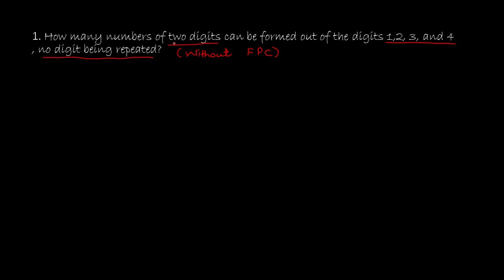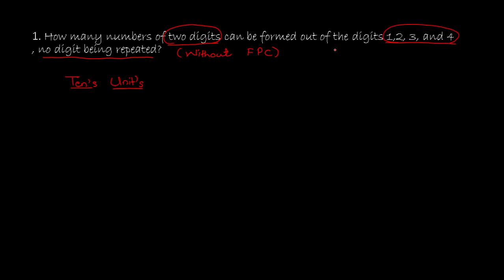Here, 2 digits means it has a tens digit and a units digit. We have 4 digits: 1, 2, 3, and 4.